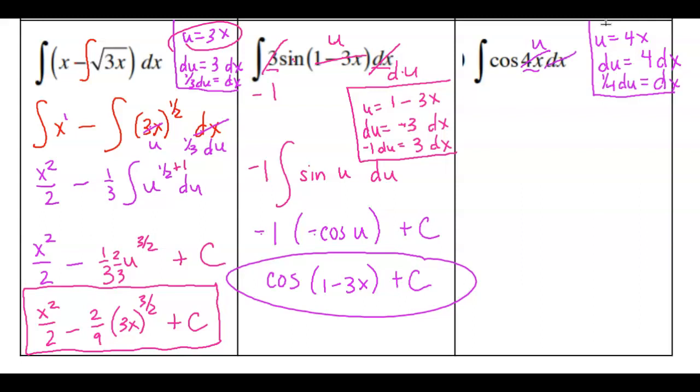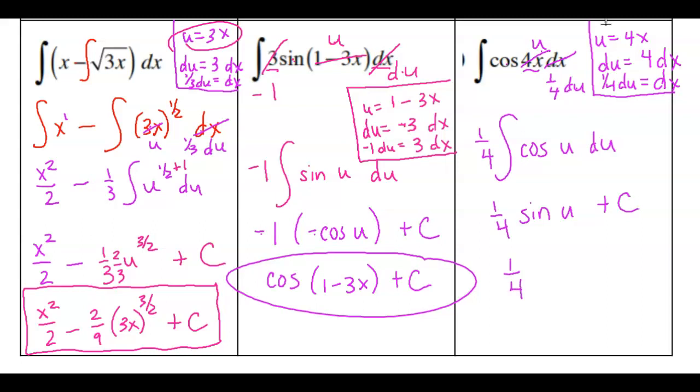So dx is 1/4 du. So I get 1/4 cosine u du. So then I say, okay, what function has the derivative of cosine? Well, that's just sine. So 1/4 sine of u plus c. So then we could plug in u.